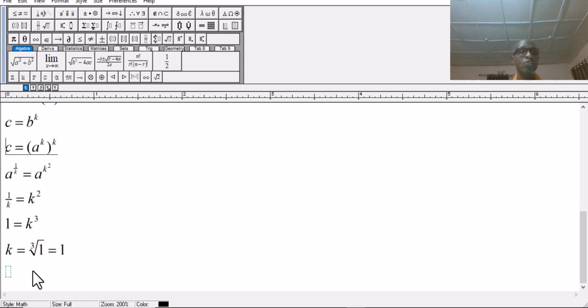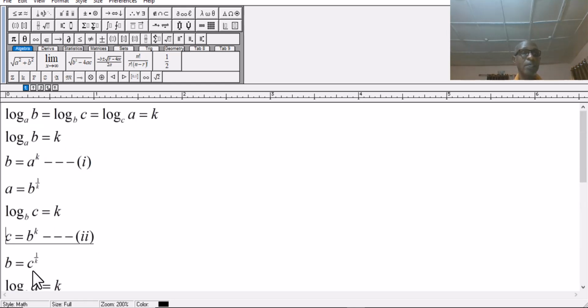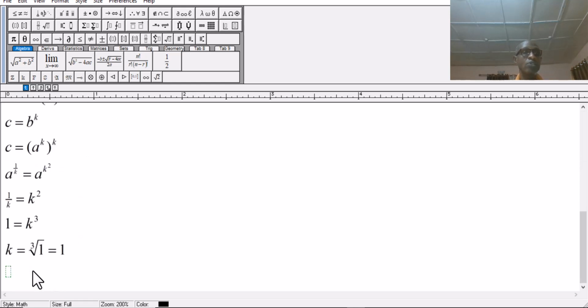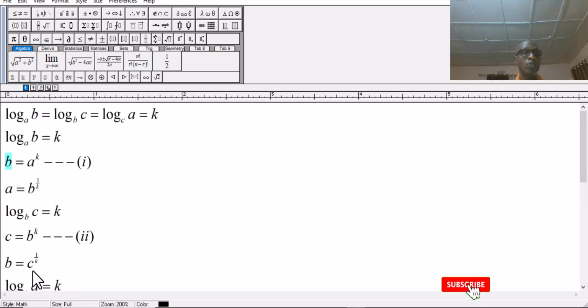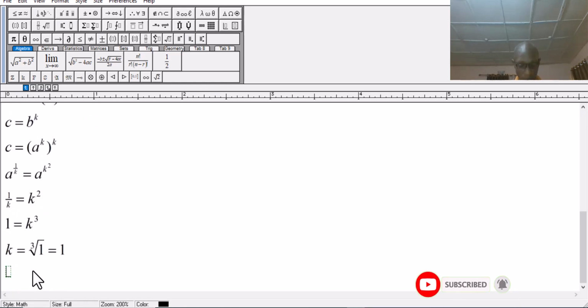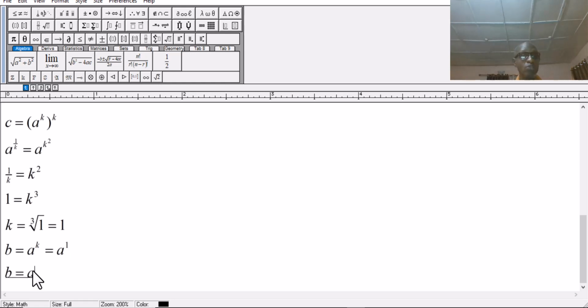Now we can put all these values back into the question. So from 1, since we know the value of our k, b equals a raised to the power of 1, that means b is equal to a.